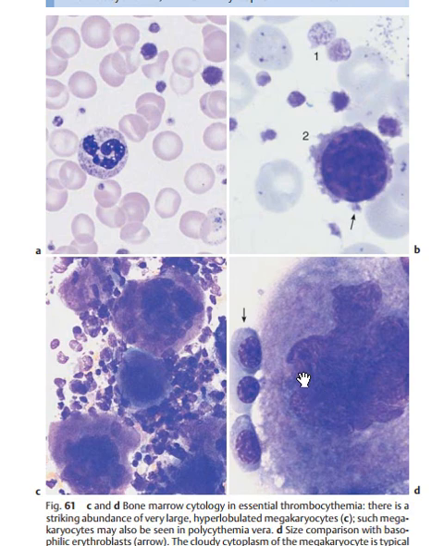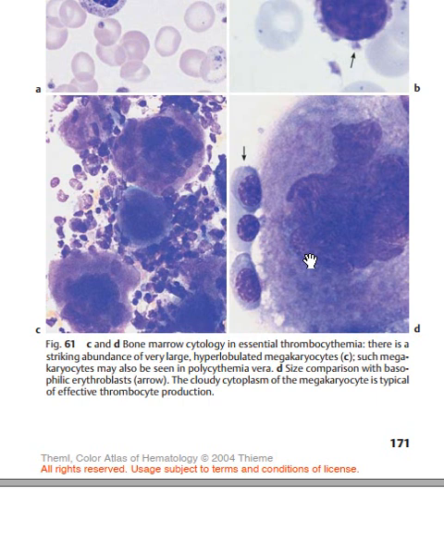Now diagrams C and D are the bone marrow cytology. In essential thrombocythemia, there is a striking abundance of very large and hyperlobulated megakaryocytes. Is it clear? Such megakaryocytes may also be seen in polycythemia vera. But in polycythemia vera, all the cell series are going to be increased.